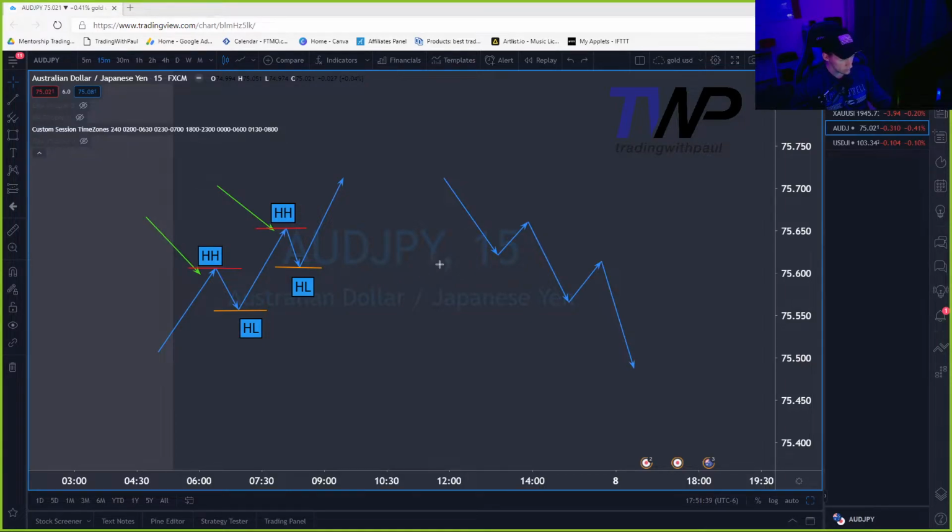I'm gonna put our resistance in red. Not perfect, but we'll live. And then we're gonna put our supports in orange, just for visual purposes.